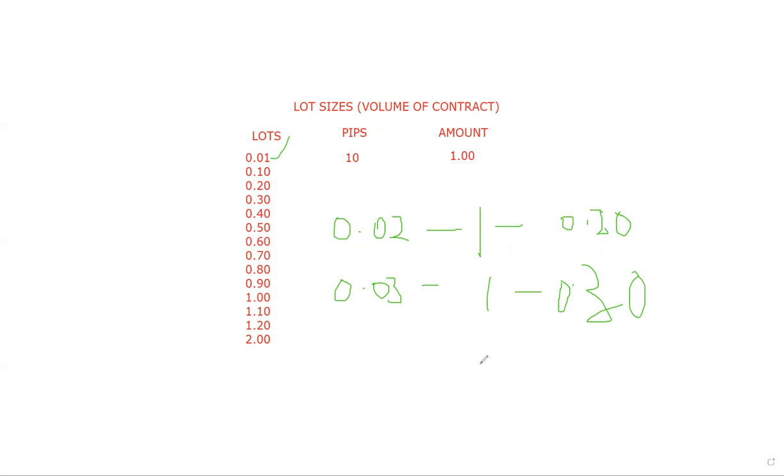If you are using a lot size of 0.06, 1 pip profit or loss will be 60 cents. If you are using 0.07, 1 pip will be 70 cents. 0.08, 1 pip will be 80 cents. 0.09, 1 pip will be 90 cents. And then 0.10, 1 pip will be how much? $1.